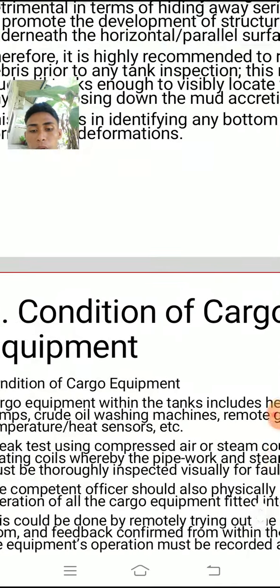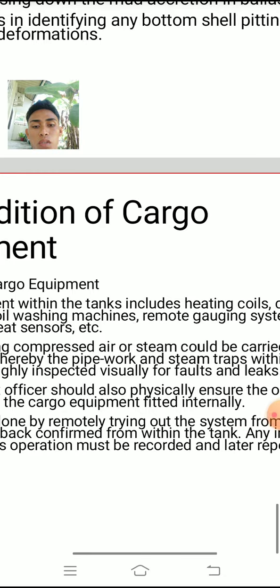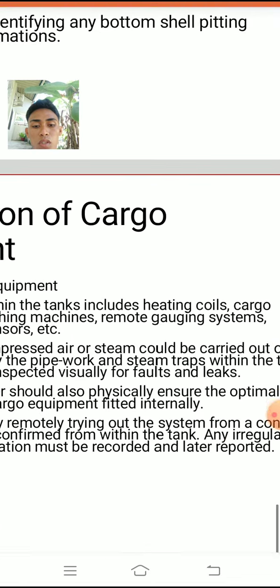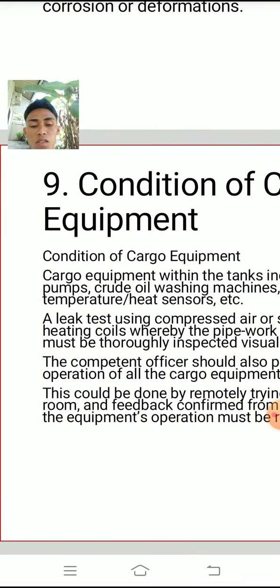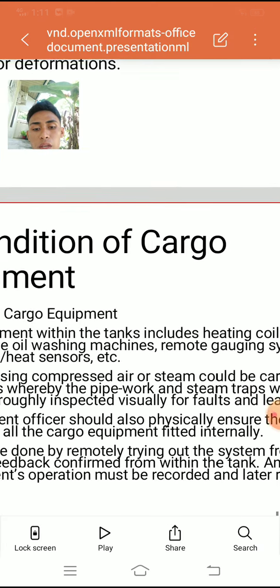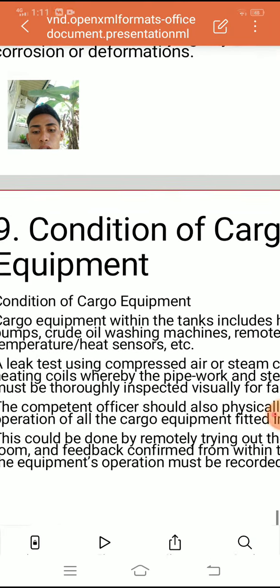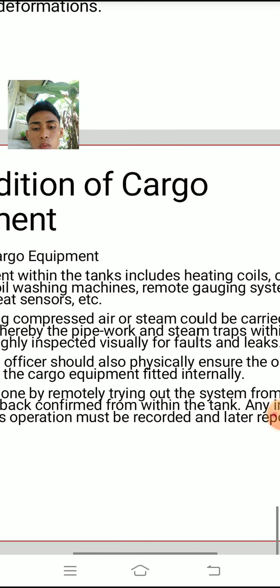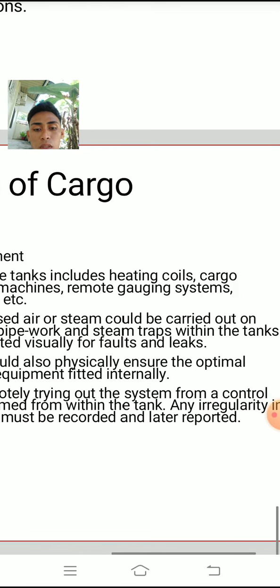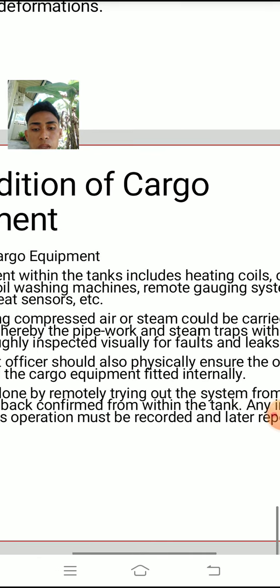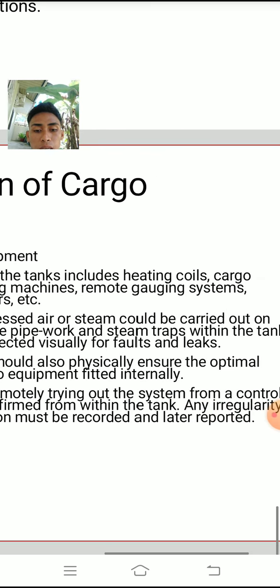Cargo equipment within the tanks includes heating coils, cargo pumps, crude oil washing machines, remote gauging systems, temperature and heat sensors, etc. A leak test using compressed air or steam could be carried out on heating coils, whereby the pipework and the steam traps within the tanks must be thoroughly inspected visually for faults and leaks.